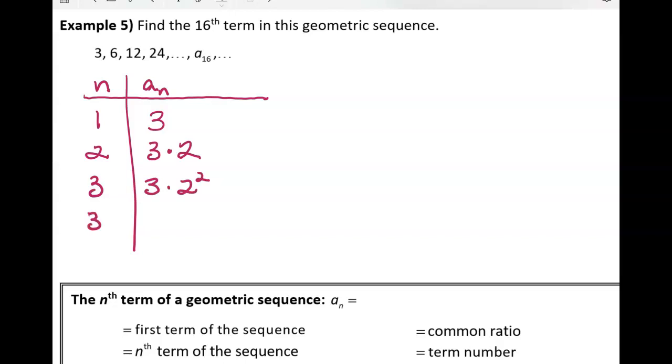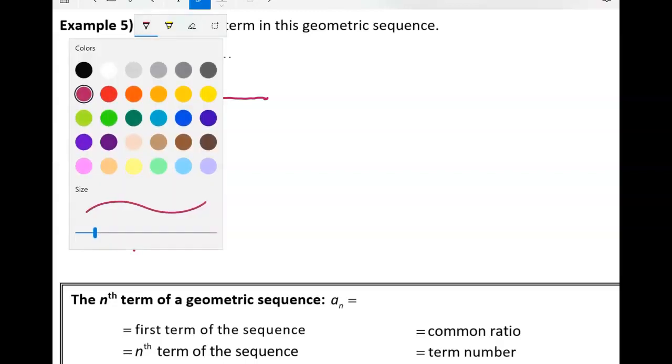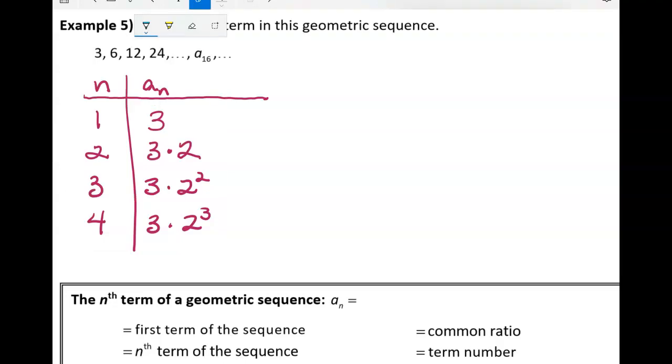And the fourth term has a value of 3 times 2 to the third power. Right? We keep repeatedly multiplying by 2 each time. Let's take a look at our hidden numbers in the first couple of entries. In the second row, we have 3 times 2 raised to the 1 power.